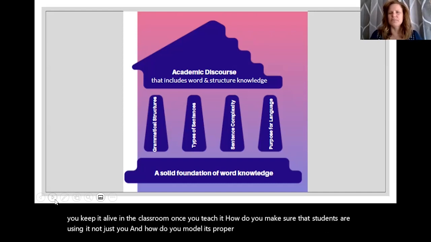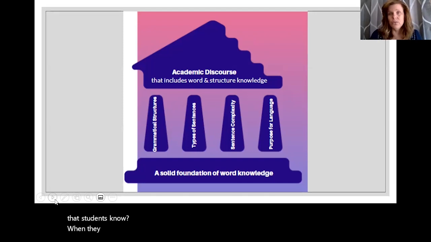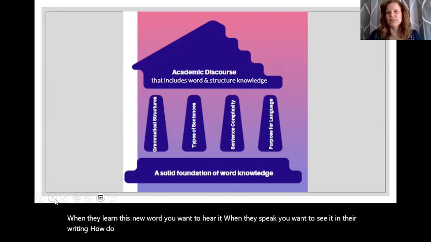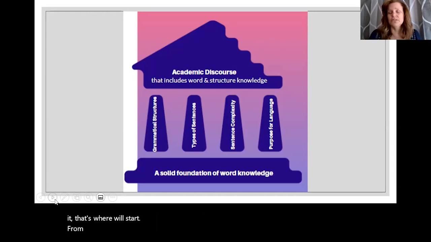How do you set expectations so that students know when they learn this new word, you want to hear it when they speak? You want to see it in their writing. How do you set those expectations of what to do with this vocabulary once they know it? That's where we'll start. From there, we can take all of this new vocabulary and we can start to make our language more developed.